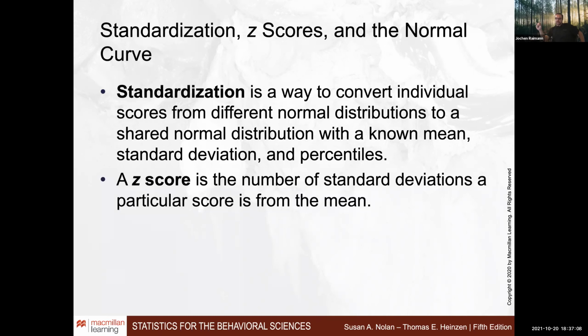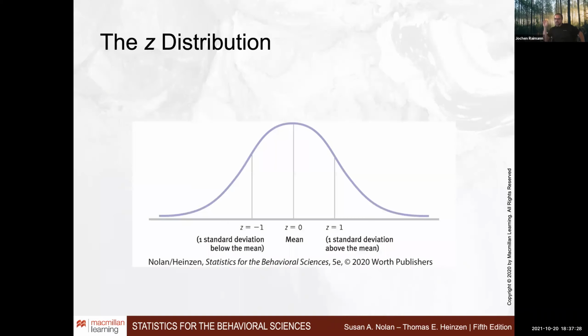Standardization is a way to convert an individual score on the x-axis with a known mean and a known standard deviation to a so-called z score. The z score depicts the distance of the individual score from the mean in standard deviation as a difference metric.